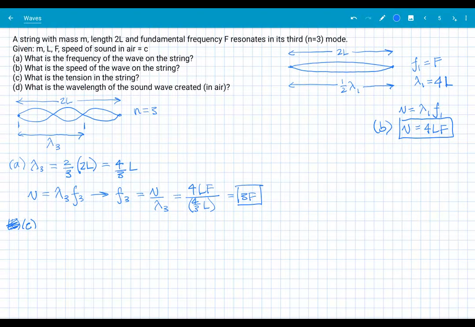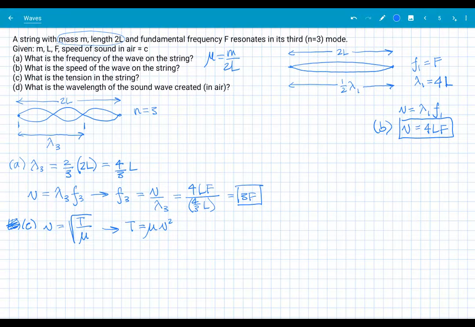Part C asks us, what is the tension in the string? So again, we have to go to this all-important equation for waves on strings that relates the wave speed, the tension, and the linear density. So the tension is going to be equal to the product of the linear density and the square of the wave speed. So the linear density actually was given in this problem. If you go back and look at the problem statement, you're given the mass and length of the string, aren't you? So if we know the mass and length of the string, then the linear density is just going to be m over 2L.